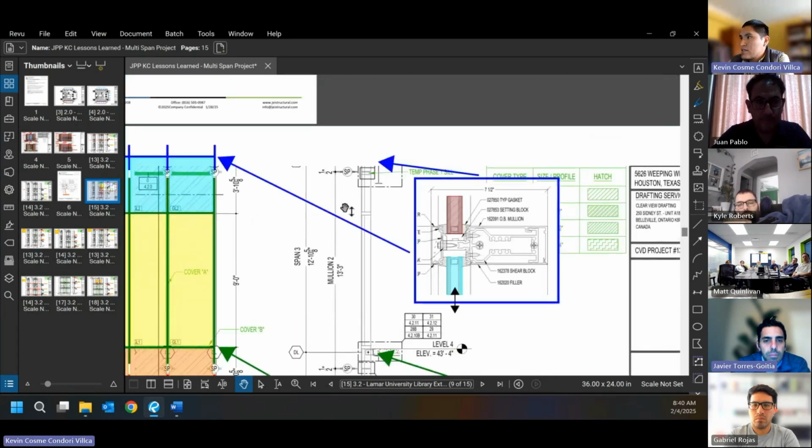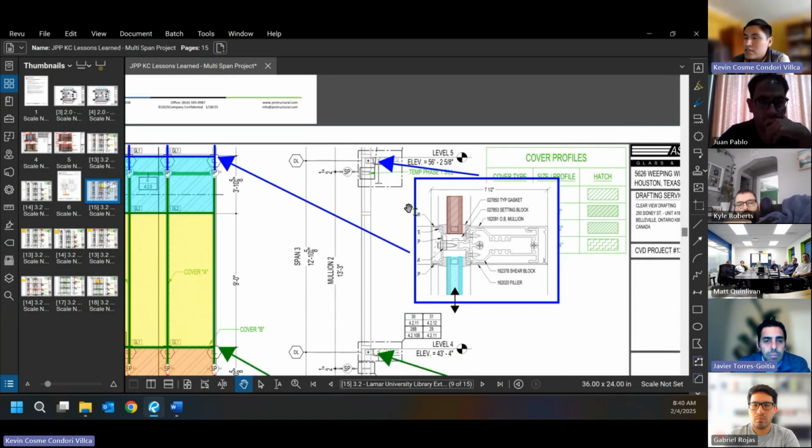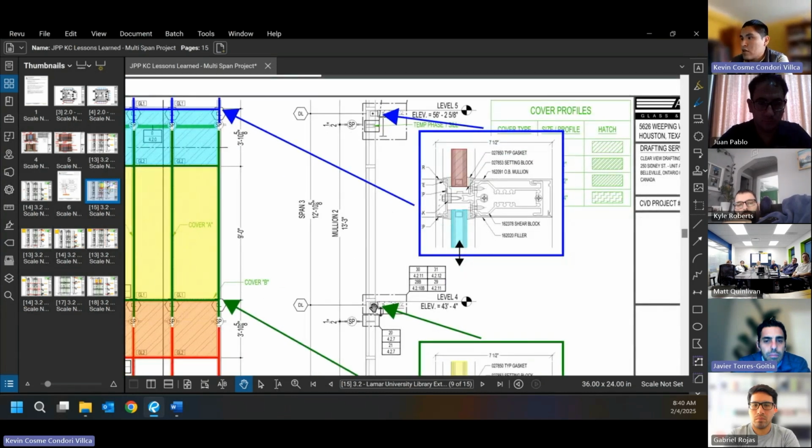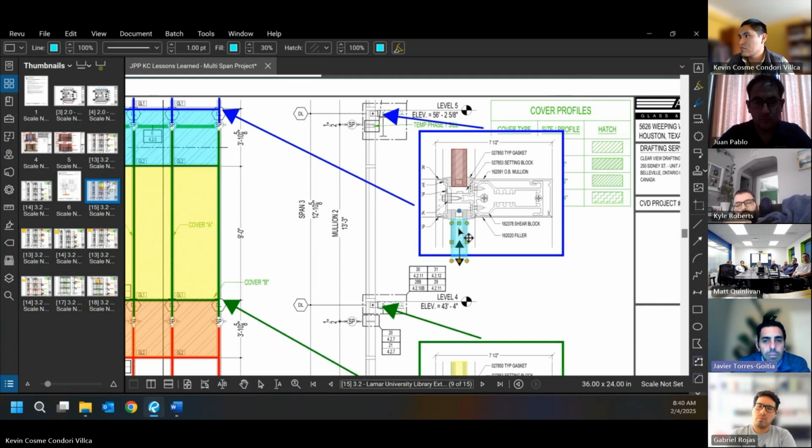And for this second case, to be conservative, we would consider a case where the lower slab deflects while the upper slab remains static. In this case, we would see the following movement in this cyan mullion, something like this.